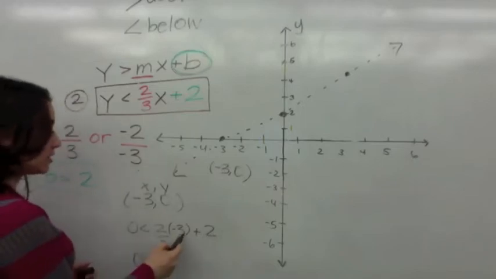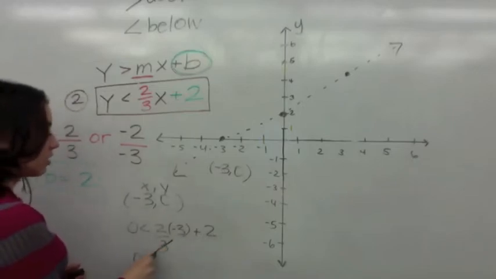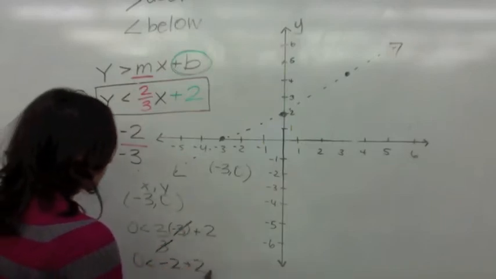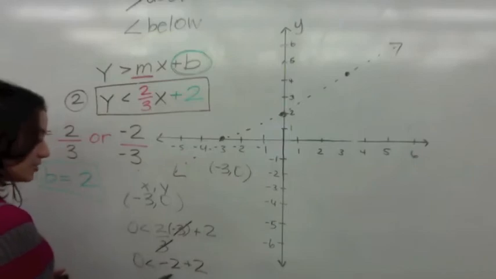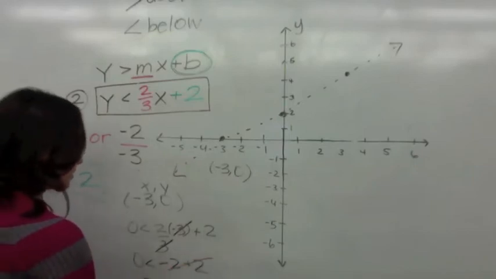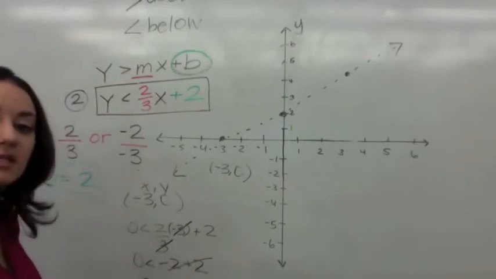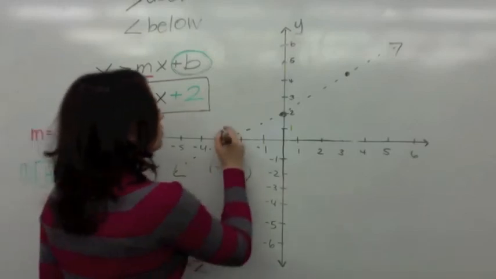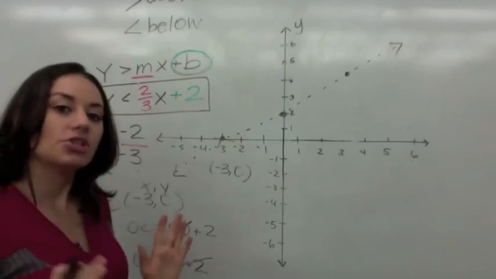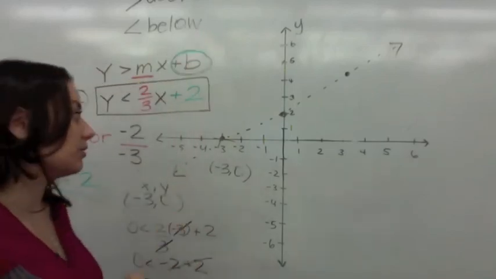What happens when you have a 3 at the top and a 3 at the bottom of a fraction? They cancel out, but you're left with negative 2 plus 2. What is negative 2 and a positive 2? They make 0. Is 0 less than 0, my friends? No. So this point cannot be on the line. You see what I'm saying? So it has to be dotted because it doesn't include it.